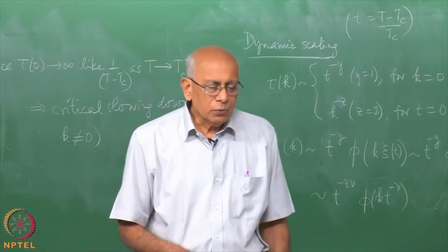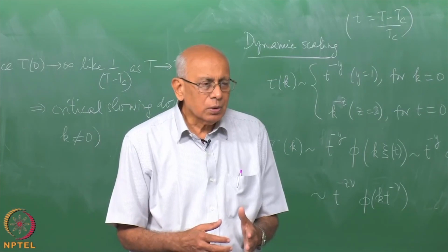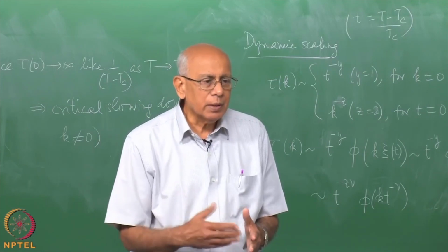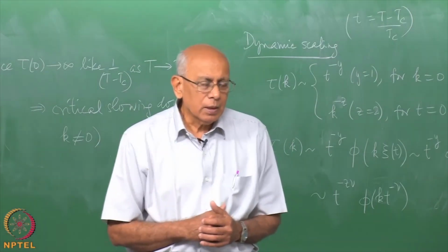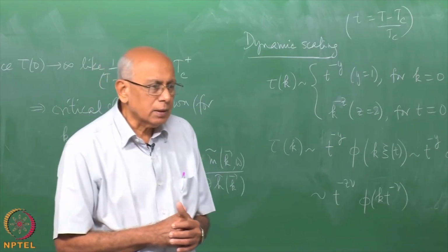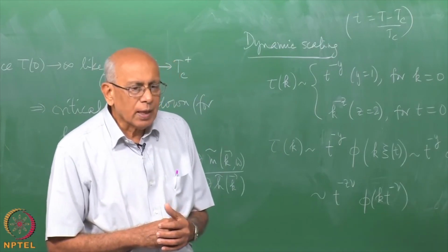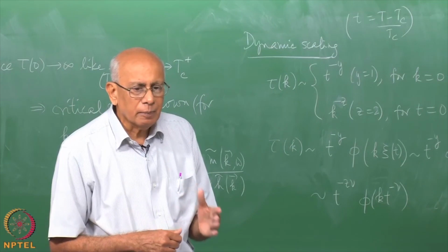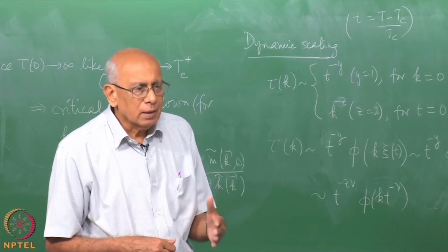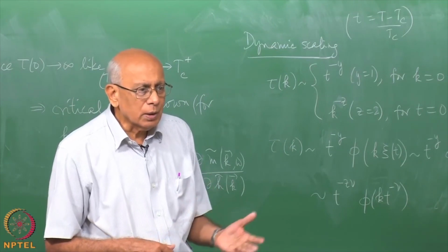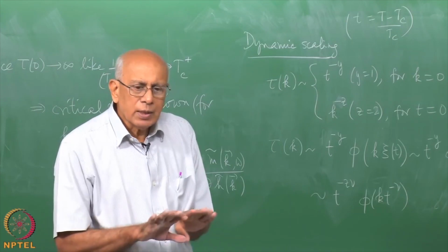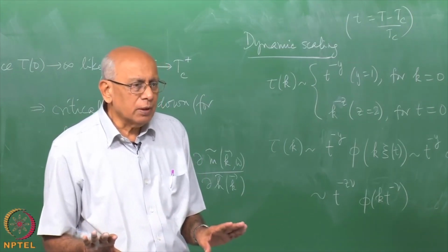That forces you to have certain relationships between various exponents, among other things. It also gives you a calculational method of systematically computing critical exponents outside the framework of mean field theory.